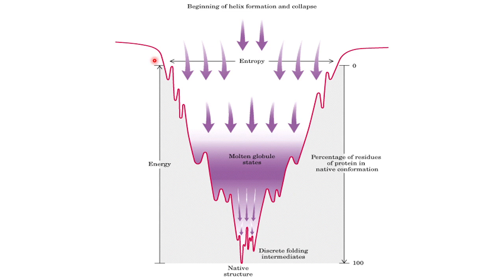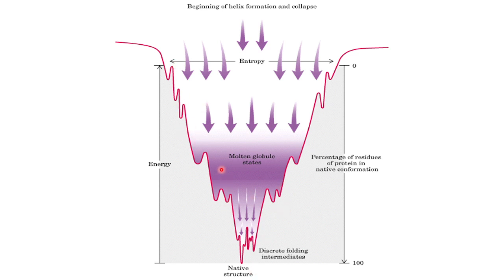So this is the funnel. Here we have high entropy molecules, and the free energy is very high. Then it goes through the molten globule state, the intermediate state, and as it moves close to its native structure, we get the native form, and the funnel narrows down.